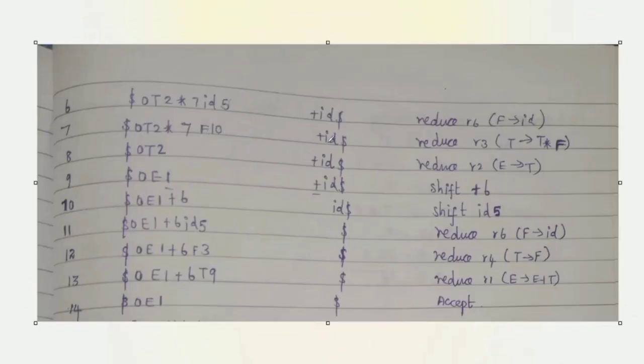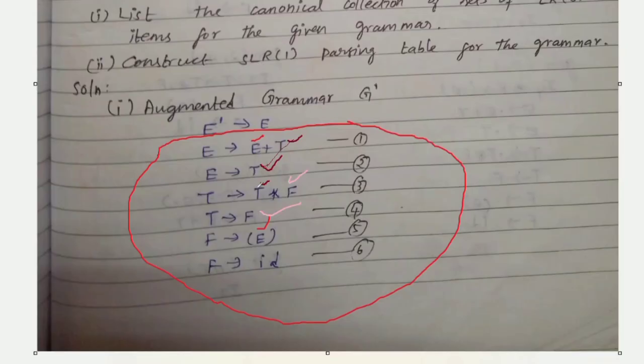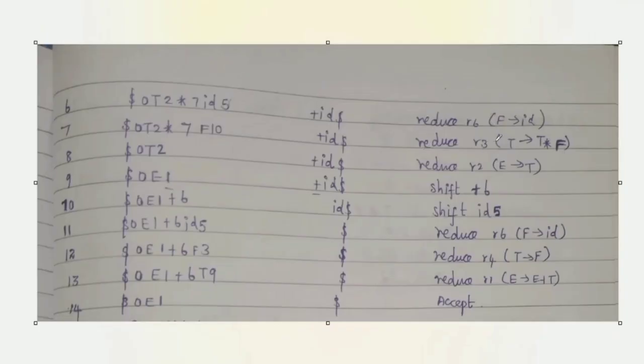Compare 10 plus. 10 plus is reduce R3. R3 is equation number 3, the production T tends to T star F. Then write reduce R3, T tends to T star F. In the stack, T2 star 7F10 is reduced to capital T.